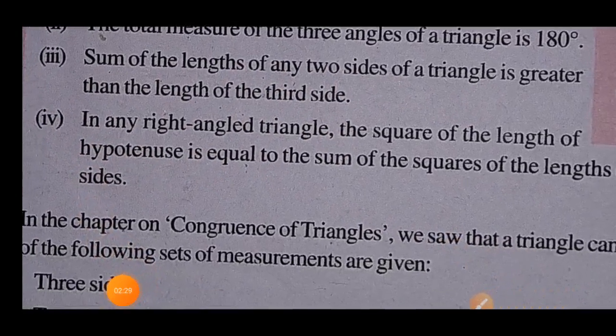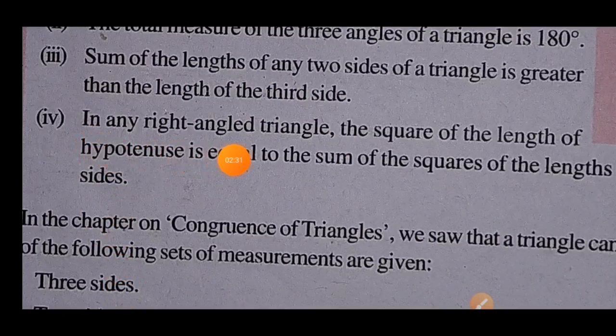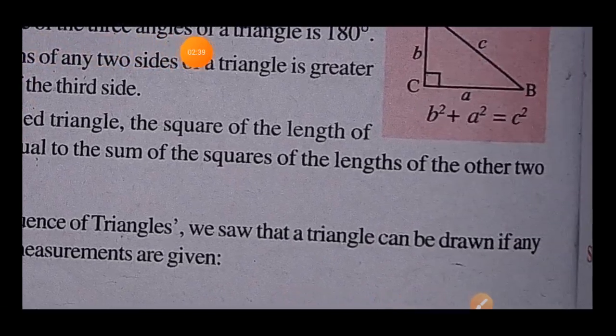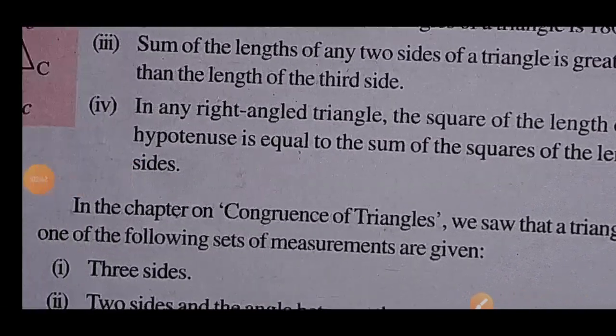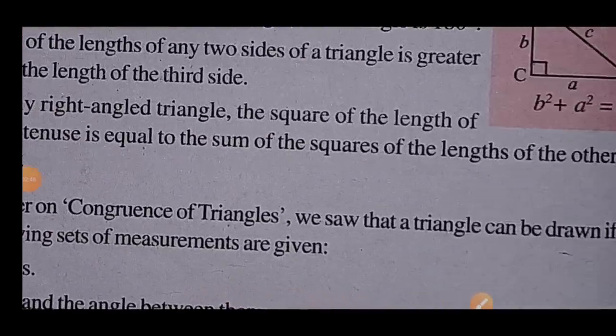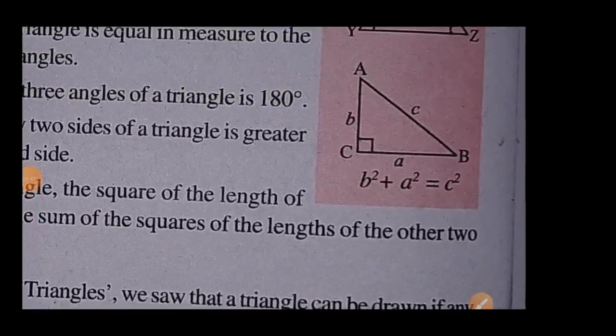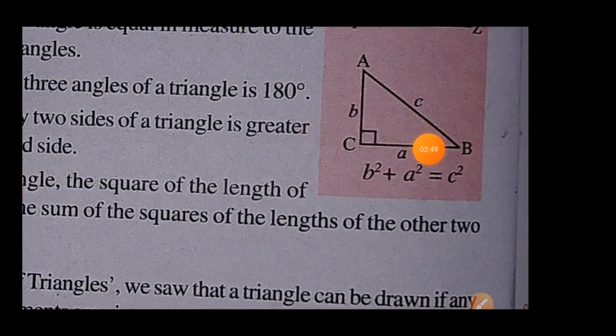Now the fourth condition, in any right angle triangle, the square of the length of the hypotenuse is equal to the sum of the squares of the lengths of the other two sides. In a triangle, the longest side is always called the hypotenuse, and these are the other two sides.